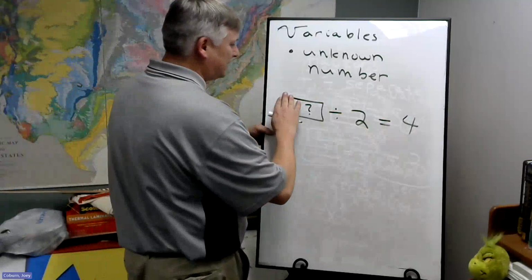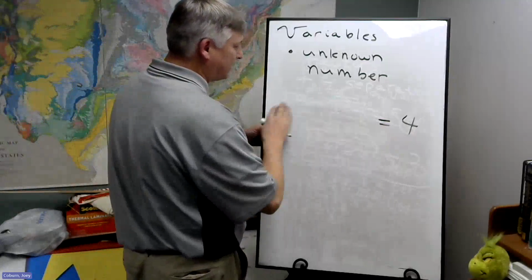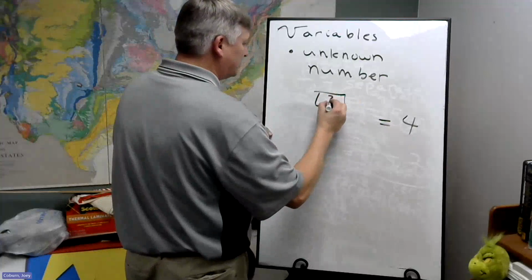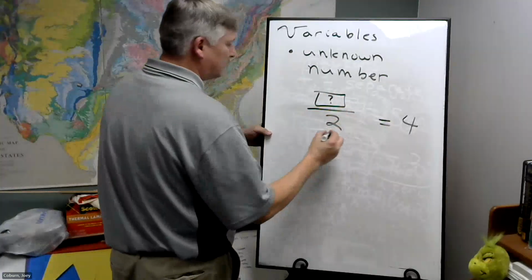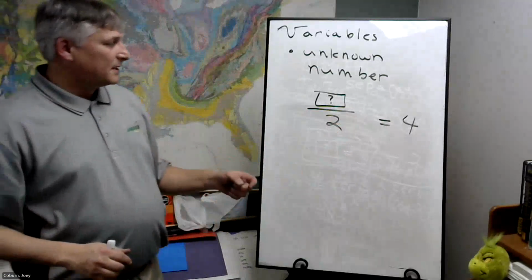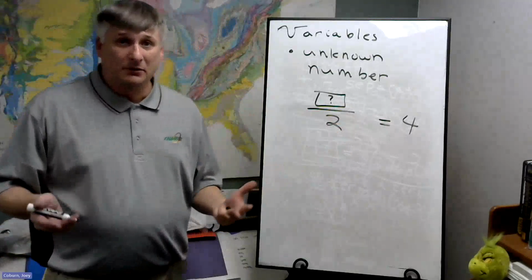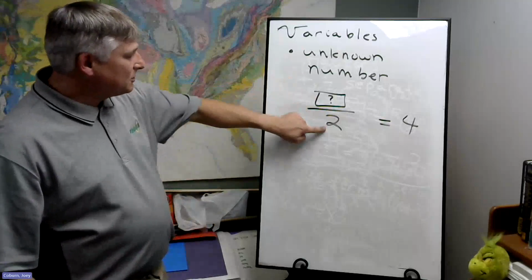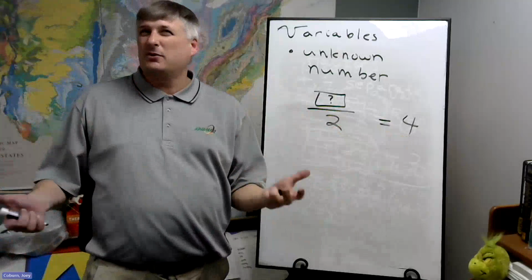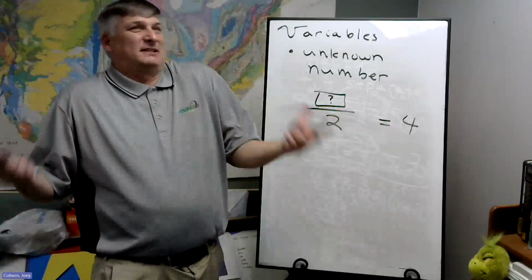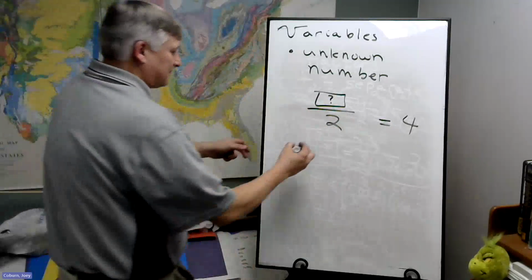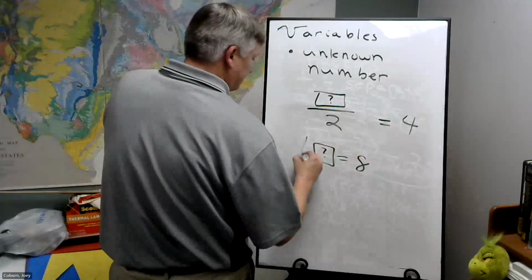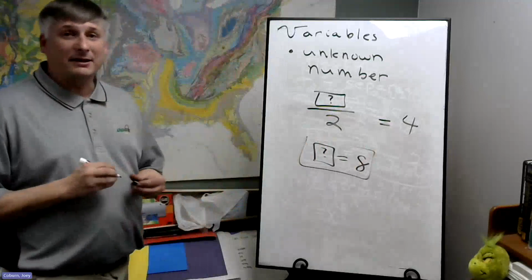I'm going to write this in the algebra language. We'll talk more about this in the next video. But we're going to use the fraction notation for division. And that's just sort of the algebra language. But this number divided by 2 gives you 4. What number, if you cut it in half, gives you 4? I gave it away. The variable, the missing number, the unknown number, is going to be 8.